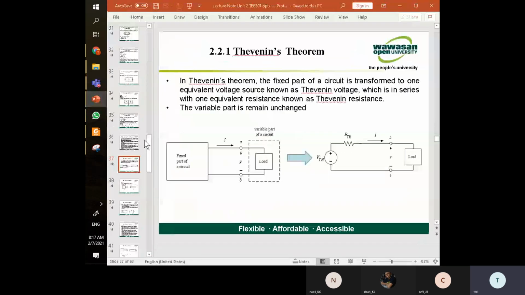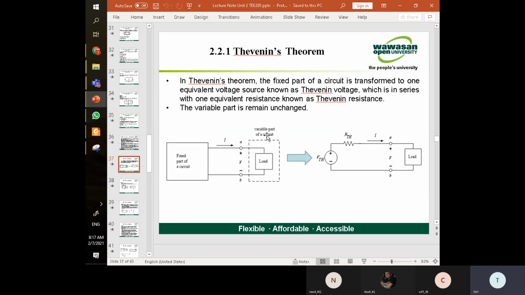In the last lab session we conducted a test on this Thevenin theorem. For most circuits, we have a fixed circuit and a variable circuit.